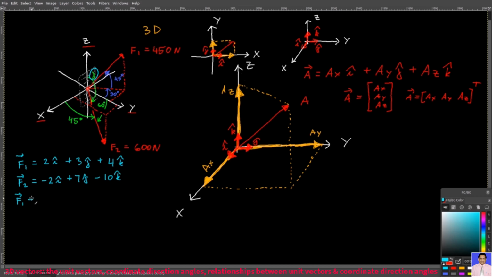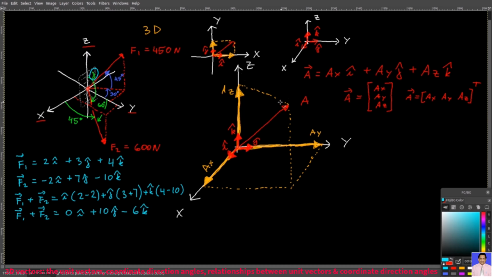Then F1 vector plus F2 vector equals i times (2 minus 2) plus j times (3 plus 7) plus k times (4 minus 10). So F1 plus F2 equals 0i plus 10j minus 6k.